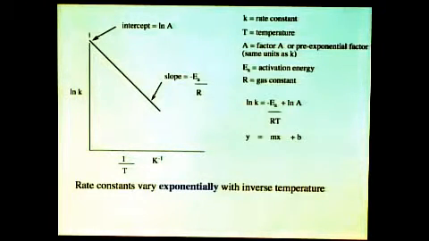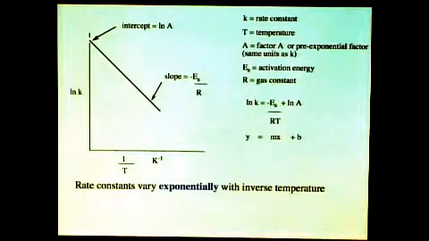The units of inverse temperature are Kelvin to the minus 1, and he got a straight line, which means that the rate constants are varying exponentially with inverse temperature. So you have to use the natural log to get a straight line. If you don't use natural log, you wouldn't get a straight line here.